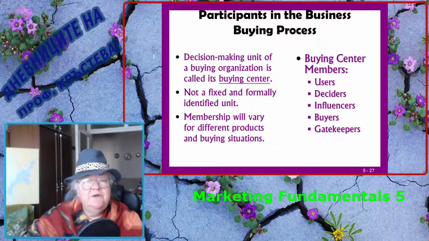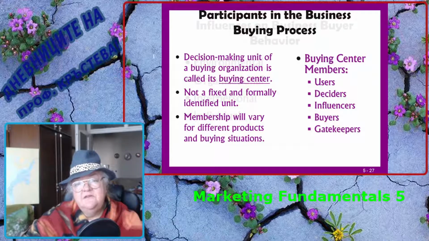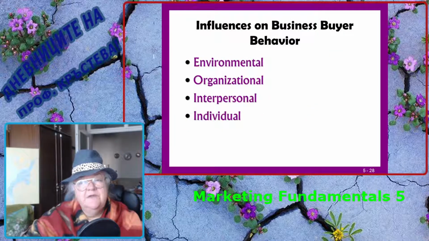The decision-making unit of a buying organization is called a buying center. It is not a fixed and formally identified unit. Membership will vary for different products and buying situations. The buying center members are usually users, deciders, influencers, buyers, and gatekeepers.